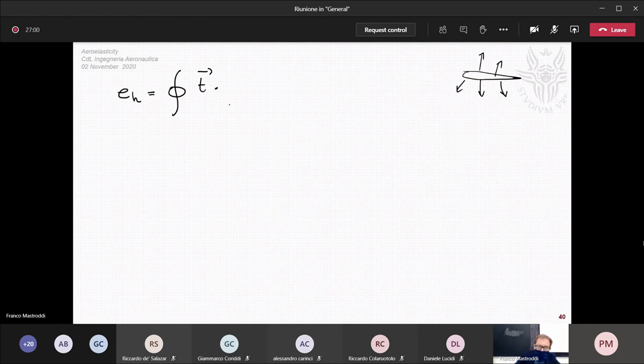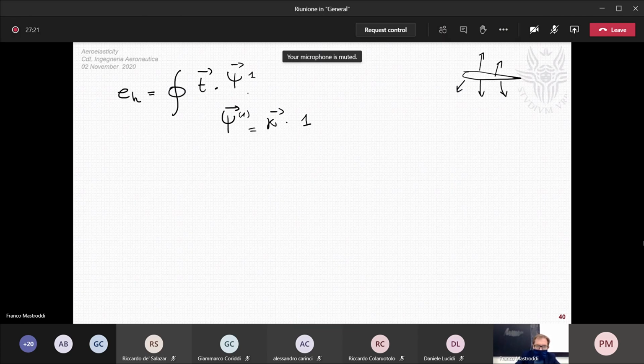This vectorial shape function 1 is something like k by 1. And so we have dot psi1 ds.